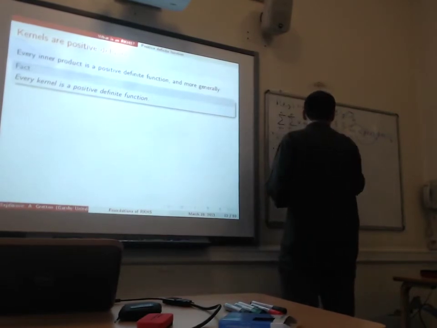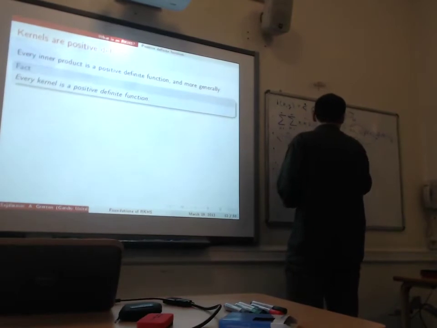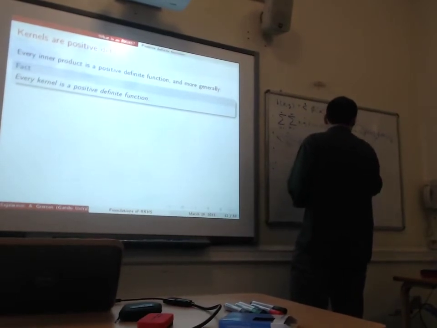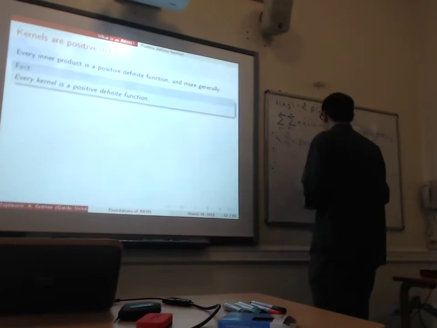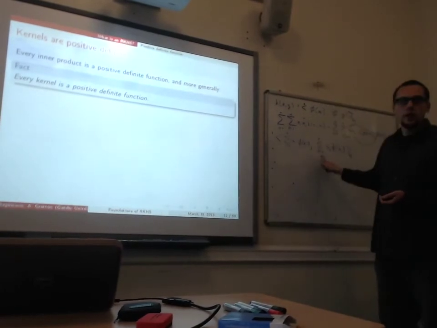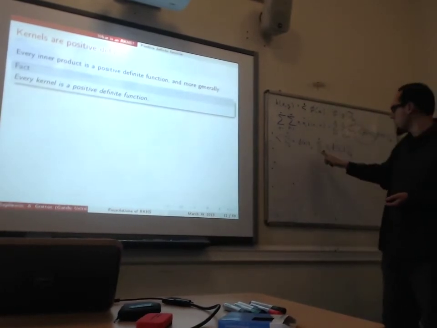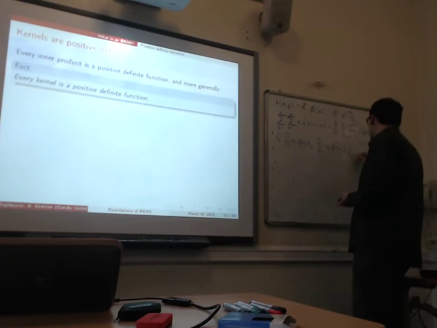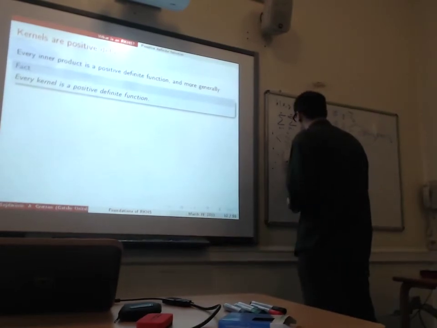Sum j goes from 1 to n, aj phi xj. But these two are the same thing, so they just differ in the index of summation. So this is just the squared norm of this linear combination.